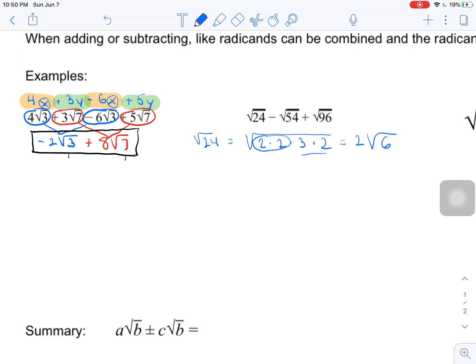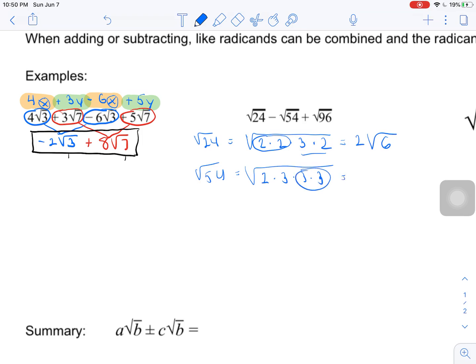Now I've got to go through and do that with my other problems as well. The square root of 54, if I break that all down, is 2 times 3 times 3 times 3.